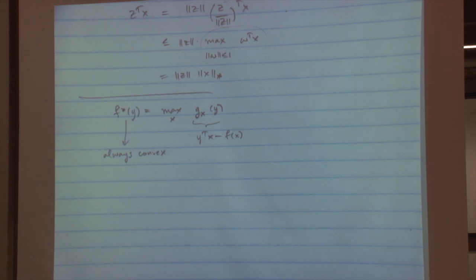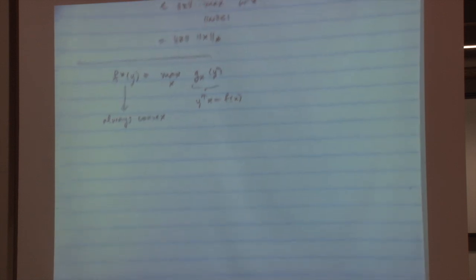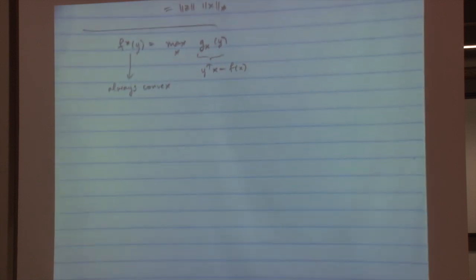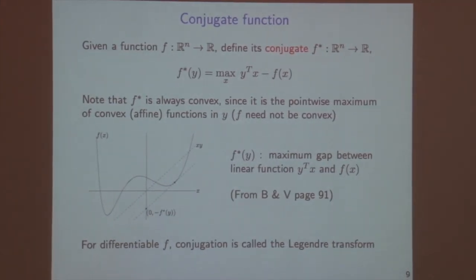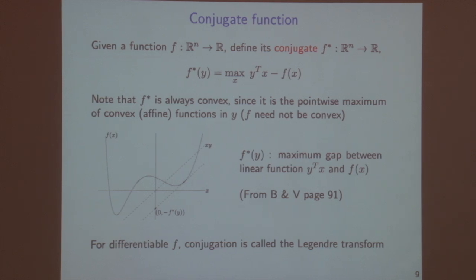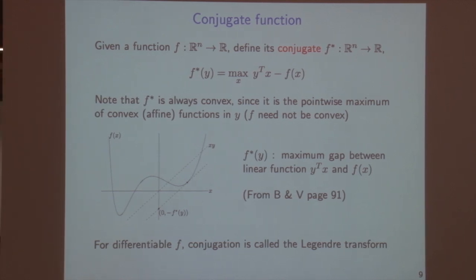That's analogous to what we learned in duality, which is that the dual problem of any problem is always a convex problem. Analogously, the conjugate of any function is always a convex function, even if the original function wasn't convex. For a differentiable function, you might have seen this in another class called the Legendre transform. I think people often learn that in physics, for example.